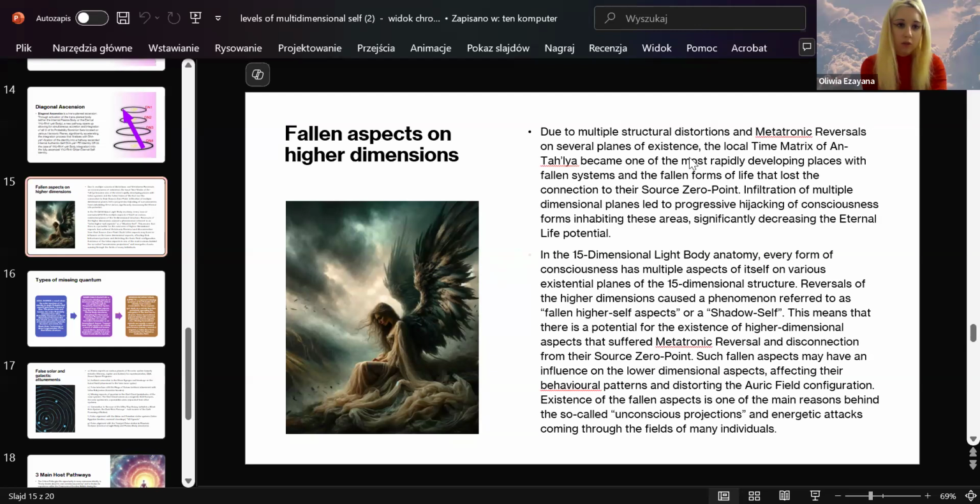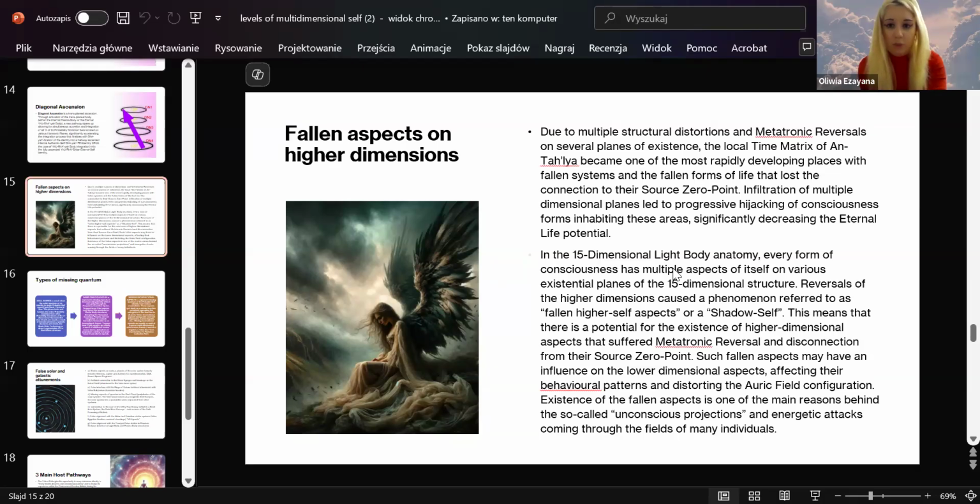There is a certain structure that is creating the shadow, and those are those fallen aspects of yourself. So it's not like you are the shadow or you have some other external form that you can call a shadow body. Shadow body is a result of the fragmentations of your energy quantum, as well as the fallen aspects.